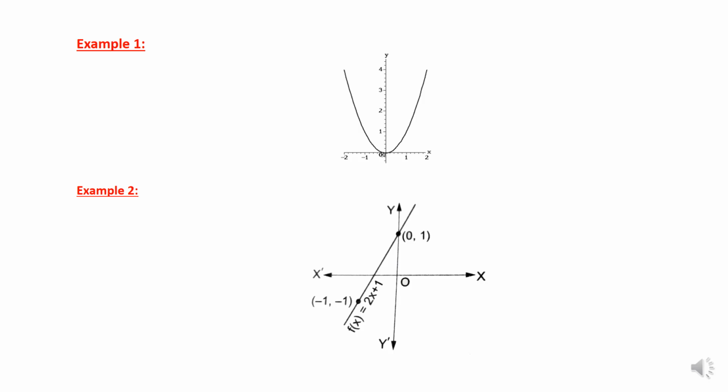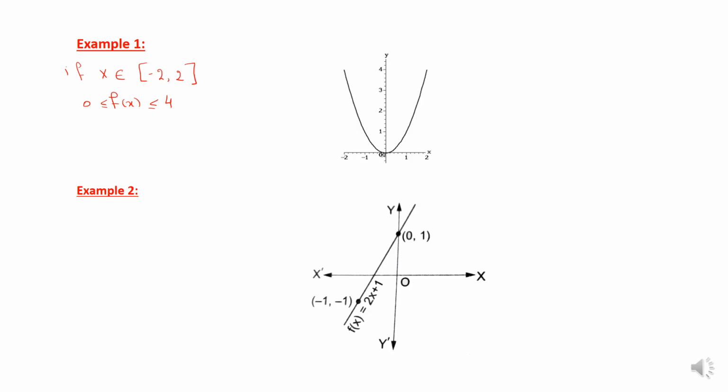This is the parabola. We've discussed this example from negative 2 to 2. So if x belongs to the interval minus 2, 2, then f of x is between 0 and 4. 0, for x equals 0, is included in the interval minus 2, 2. Pay attention.